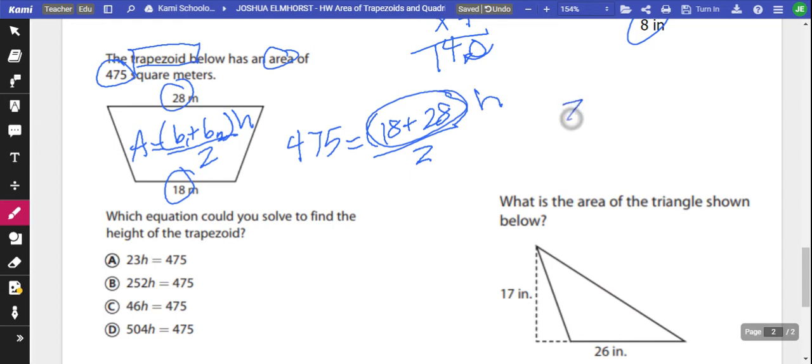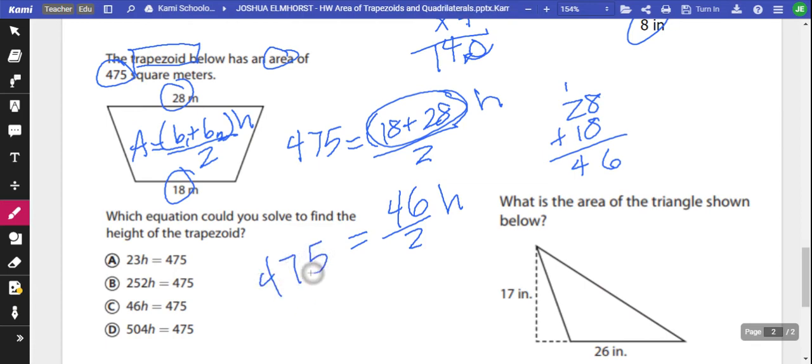So adding these up gives us 16 plus 46, and then it's 46 divided by 2 times the height equals 475.